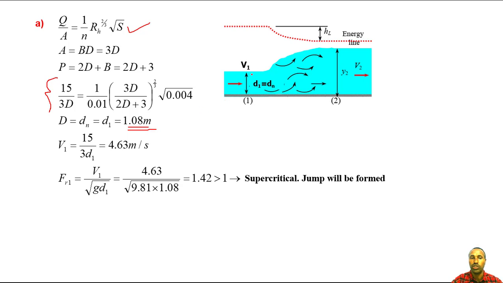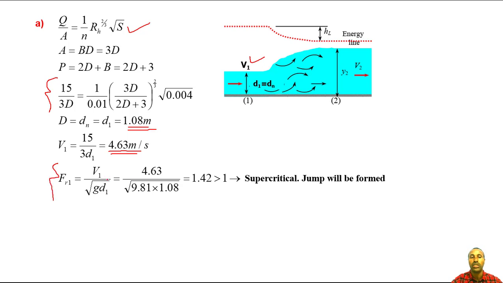Once you get D1, then V can be computed. So V1 will be Q divided by area. Then, after computing the velocity in this reach, in section 1, you can calculate the Froude number.